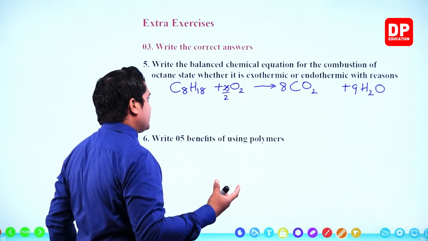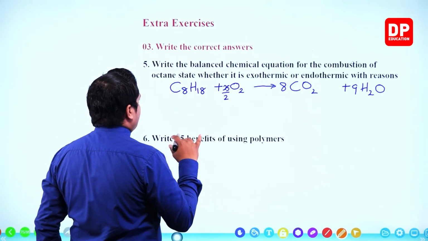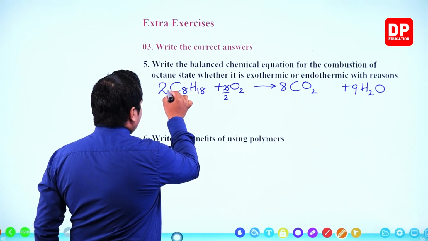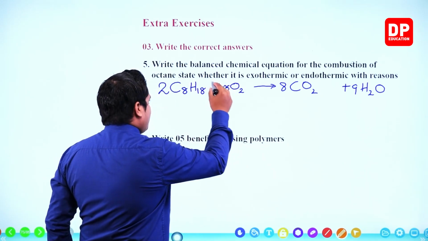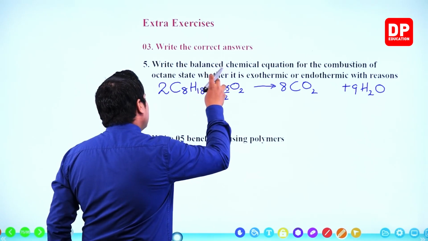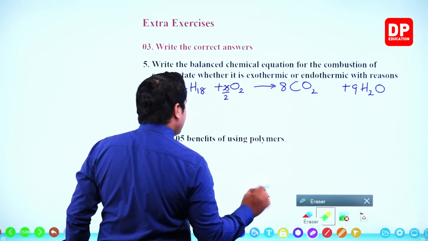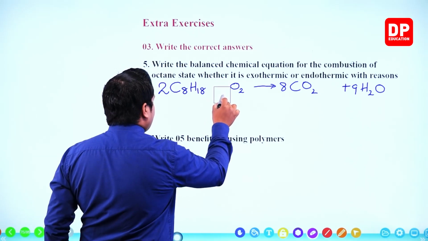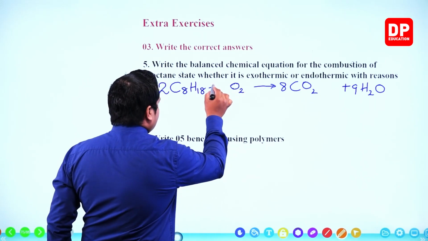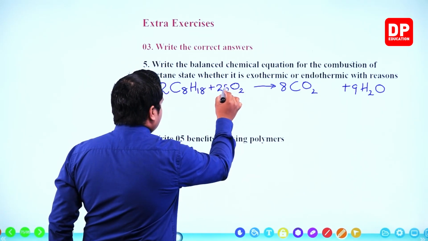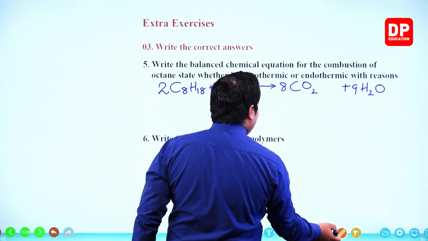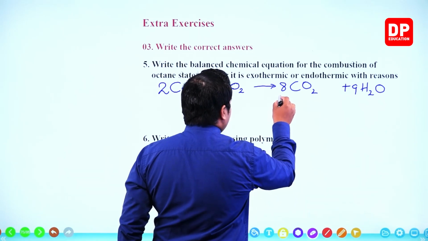Now multiply all the terms by 2. When you multiply all the terms by 2, my dear children, here it becomes 2, and over there when you multiply this one by 2, the 2s get cancelled. That means here it becomes just 25, remember. So here 25 and here it becomes 16, 8 times 2.